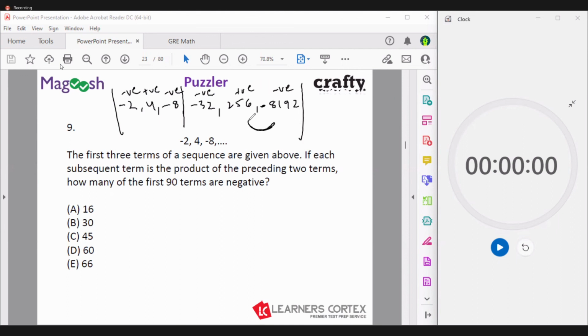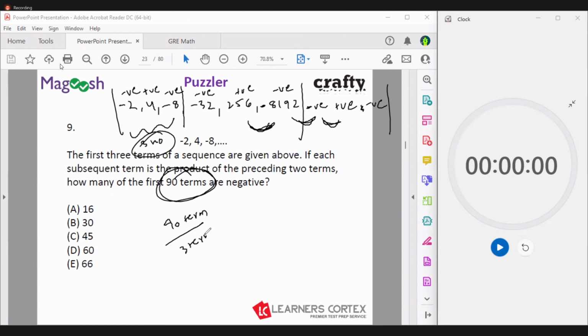The product of these two would again be negative, and then the product of these two would be positive. The product of these two would be negative again. So basically the series is being formed in a set of 3 numbers. Now since there are 90 terms and one set is for 3 terms, there will be 30 such sets where it is negative, positive, negative, then again negative, positive, negative.